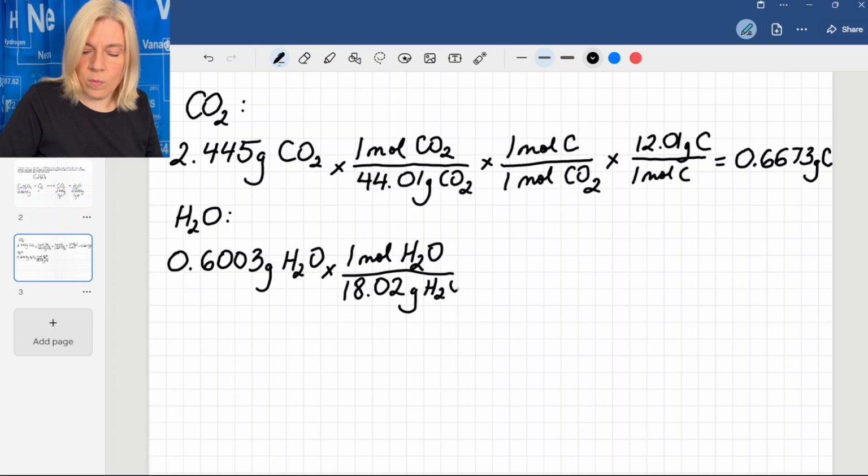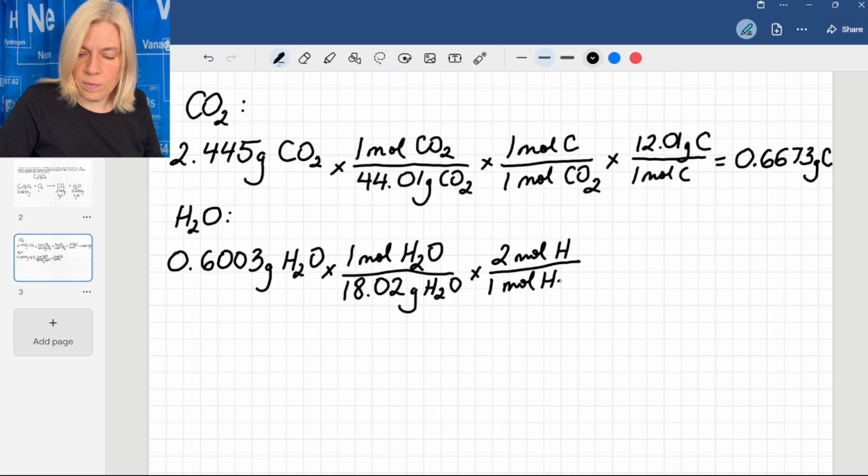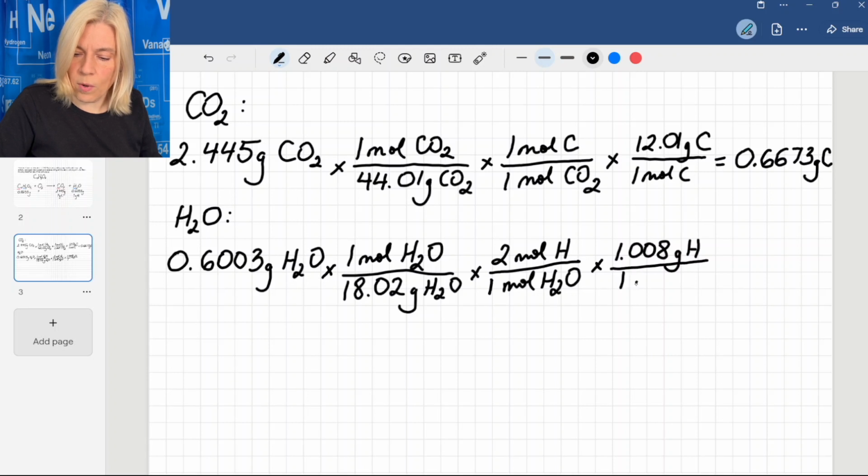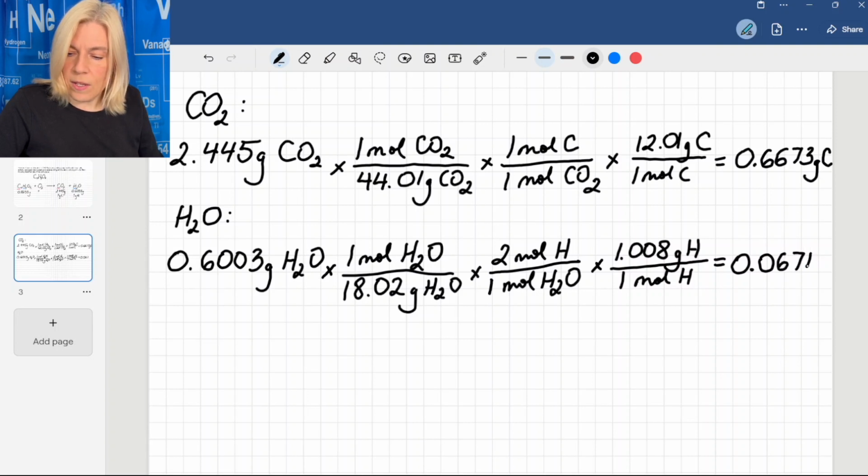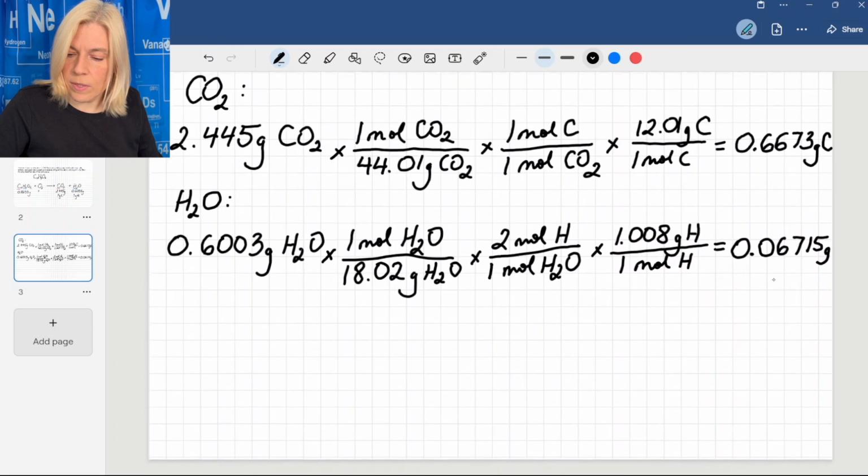Now, there are 2 moles of hydrogen per 1 mole of water, it's H2O, and we're going to say there is 1.008 grams of hydrogen per 1 mole of hydrogen. And if we do these calculations, we're going to see that we have 0.06715 grams of hydrogen.